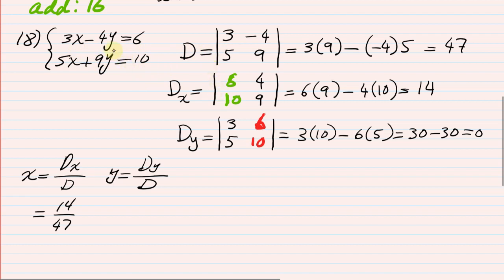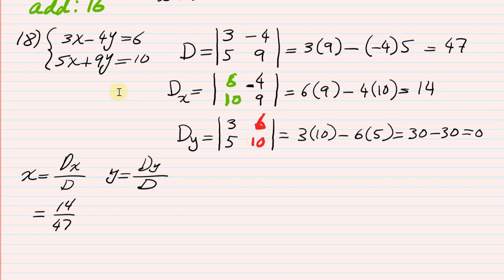Sorry, that's negative 4, right? And that's why that fraction came out the way it did. Okay, but my Dy looks right. And Dy, you throw away the y column, so that's 3, 5, 6, 10. This looks good. So I just need to reformulate the x, right? So let me correct it.